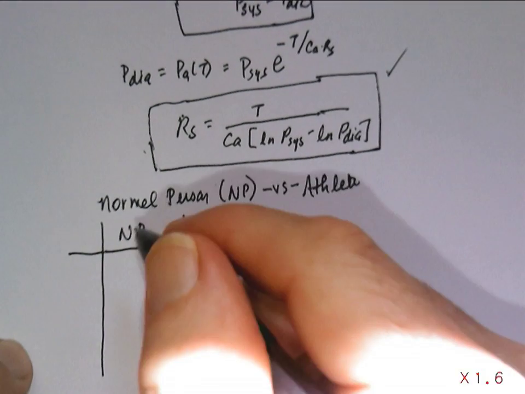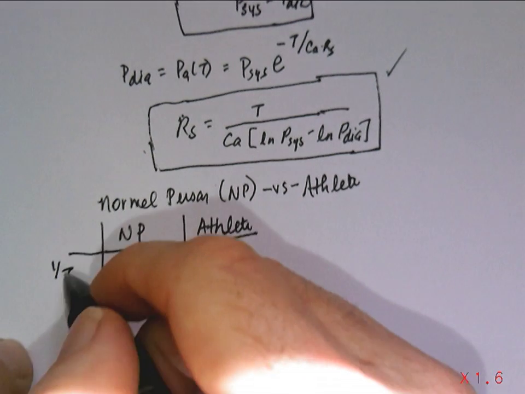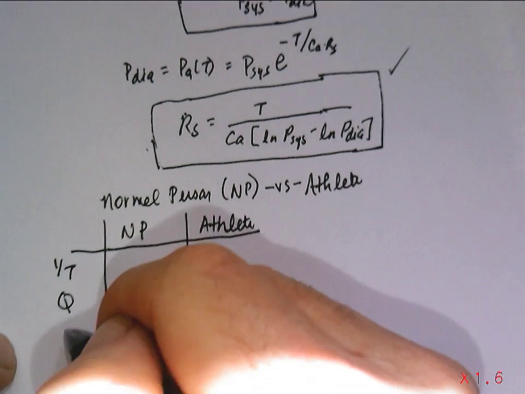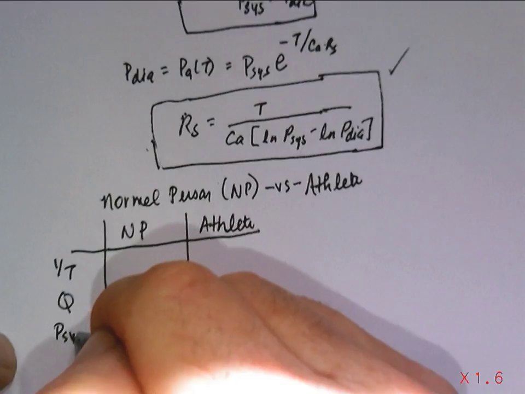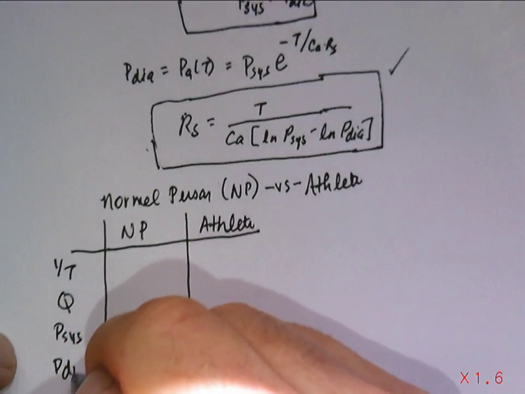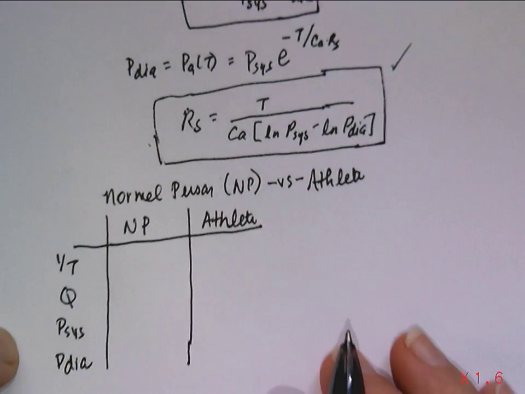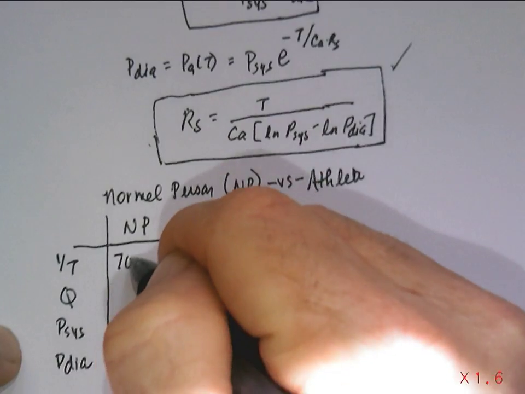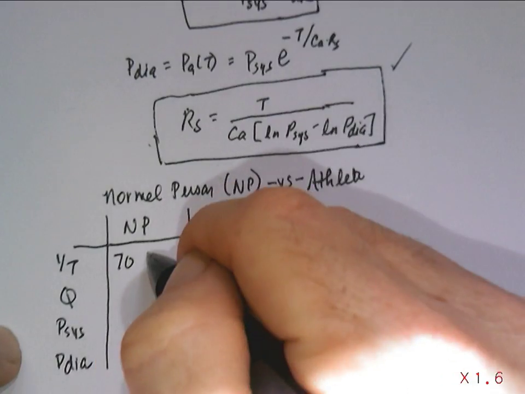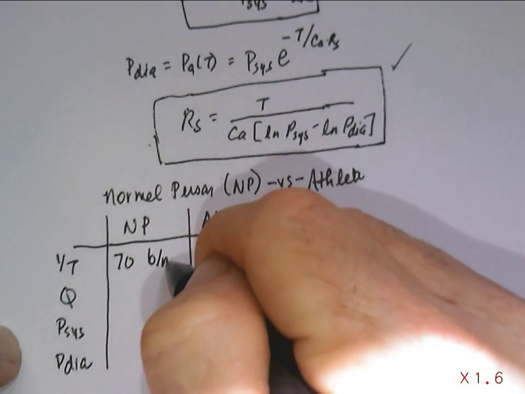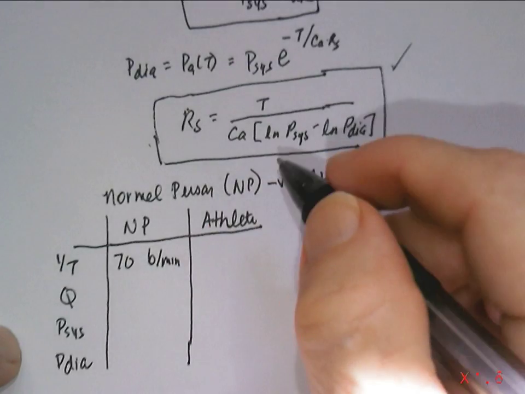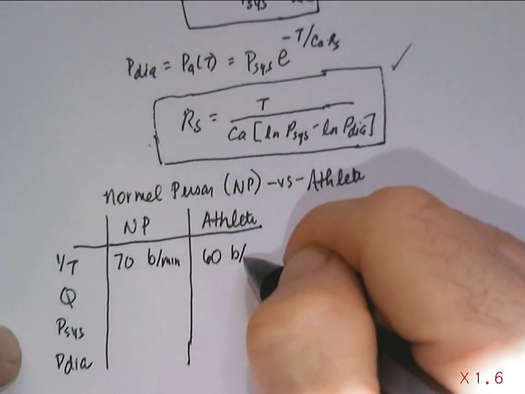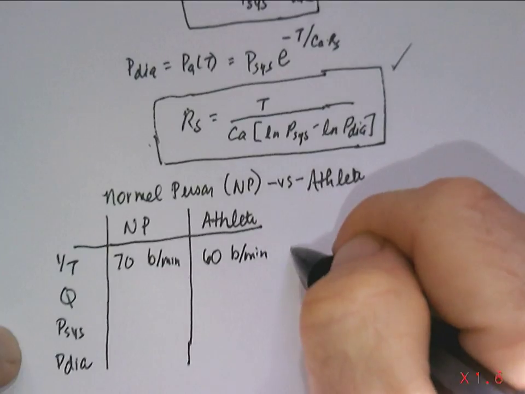And in the chart, we'll measure 1 over the pulse, 1 over T. Look at the cardiac output, the systolic pressure, and the diastolic pressure. All right. So typically, a normal person, it'd be about 70 beats per minute. Athlete might be a little bit lower, 60 beats per minute. Again, at rest.